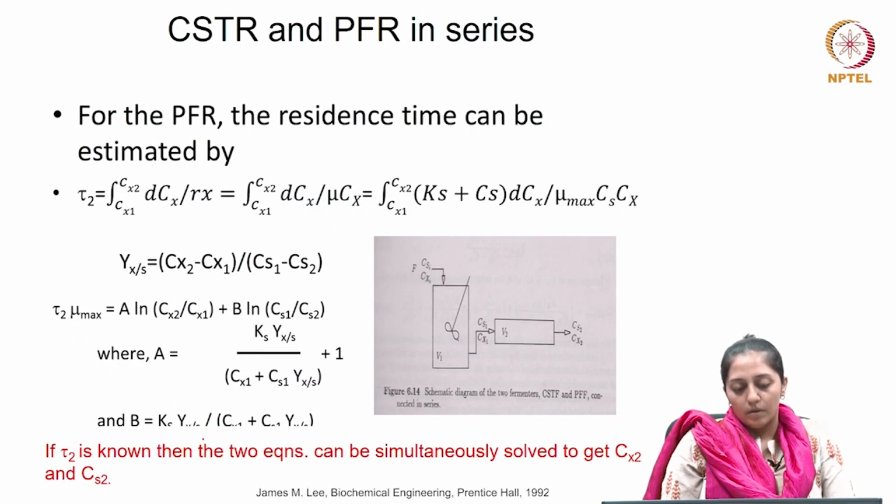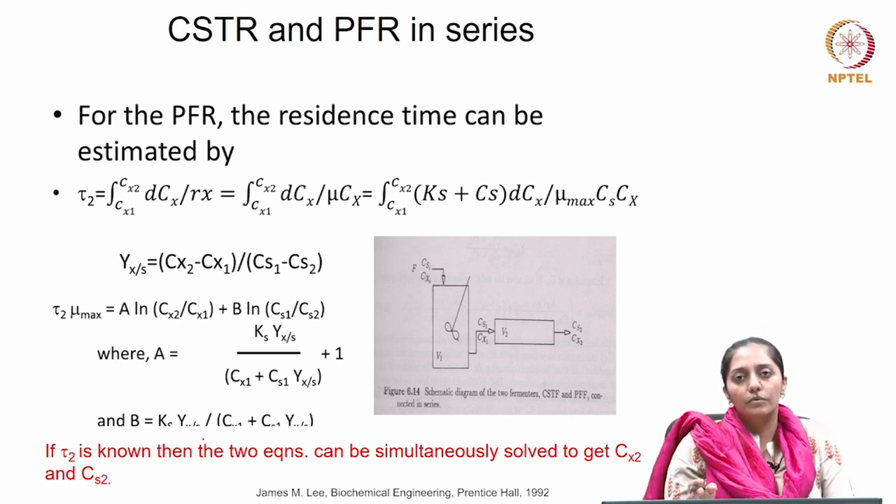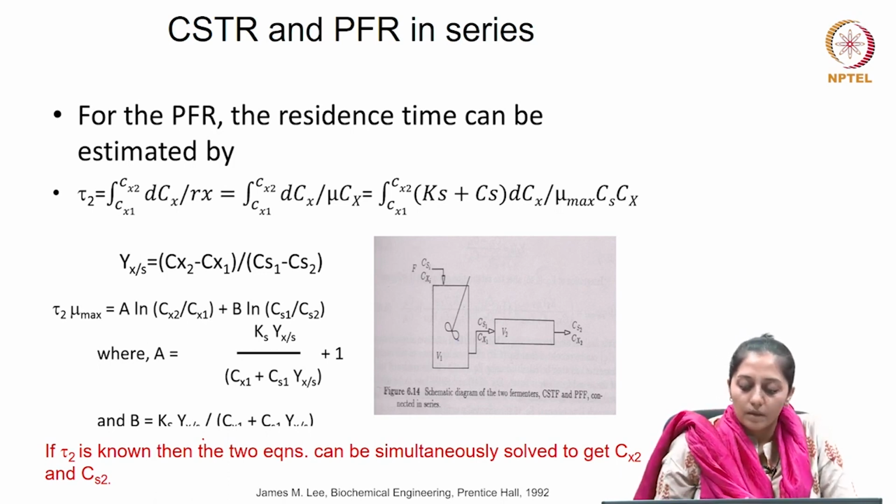Now, we have already come to know the substrate concentration, product concentration and biomass concentration coming outside reactor 1, which is now an inlet to reactor 2, which is a plug flow reactor. The volume has been represented as V2 of this plug flow reactor.